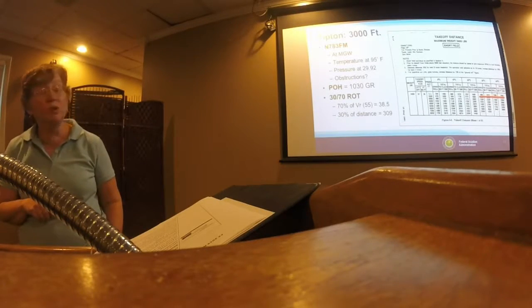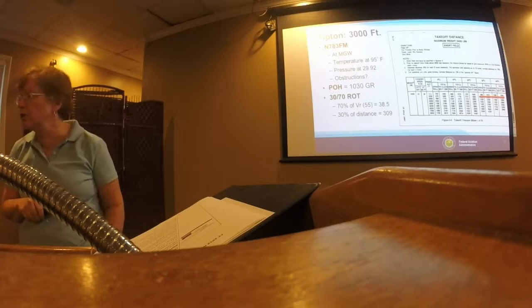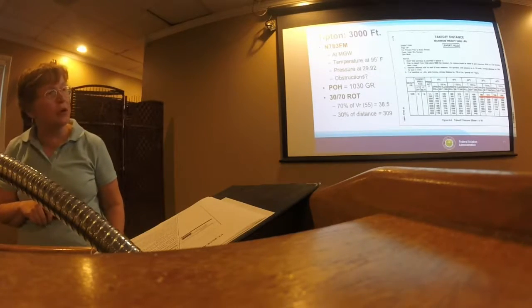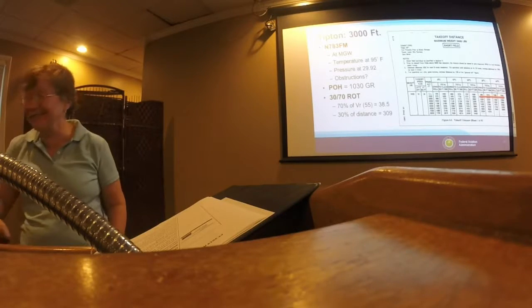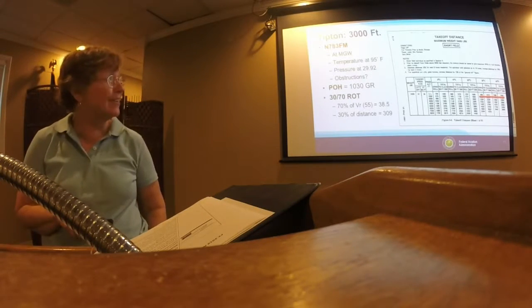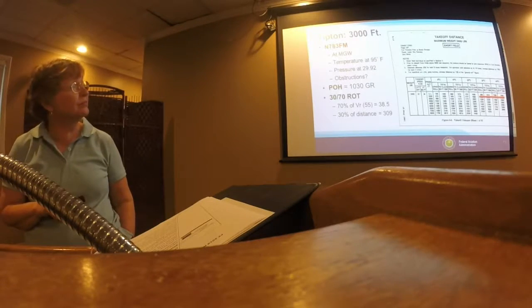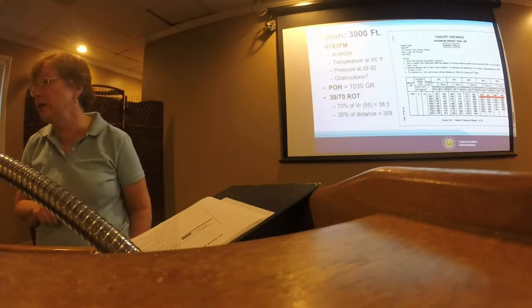So 95 degrees Fahrenheit, sounds like July. It's right in between. You're right, it was today. I hadn't thought on that. So that gives us a ground run of 1,030 feet.